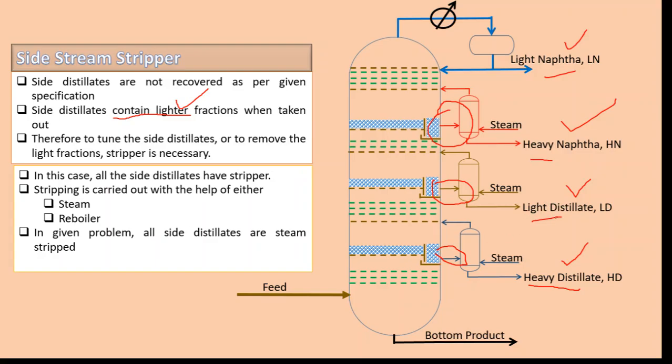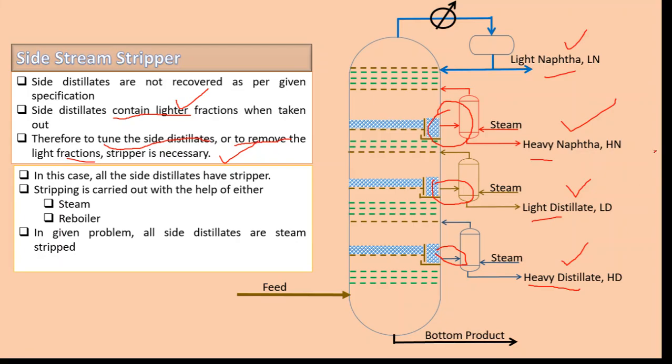Similarly, for the light distillate, a small portion of heavy distillate is present, and for the heavy naphtha, a small amount of light naphtha is present. So we have to remove those lighter fractions. Therefore, to tune the side distillates, a stripper is necessary. We have to put the stripper from where we can remove the lighter ones.